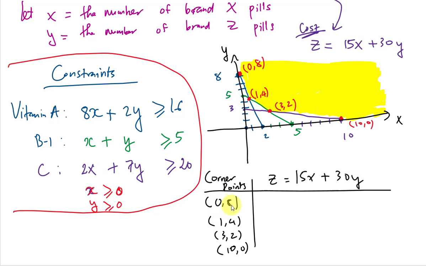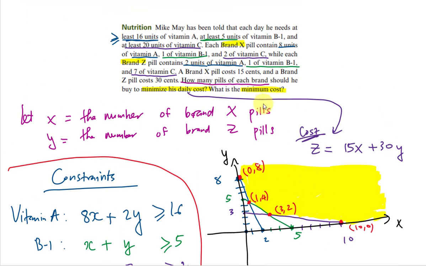So when I have 0 and 8, I just plug in. Oh, you know what? That's a very small mistake right here. 15 cents. If you are writing this in terms of dollars, this should be 0.15, and this is 30 cents, so that should be 0.30 in terms of dollars.